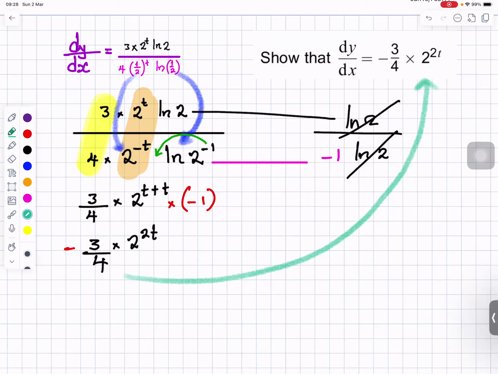And since it's to the power of minus 1, you can move that to the front to make it minus 1 times ln 2. Since the top and bottom are both the same, you can just cross them out, and then you have times by minus 1 there. Then you times 3/4 by minus 1, and you get minus 3/4. And you just leave the 2 to the power of 2t the same. Perfect. That's how you do it. Congrats. Well done.